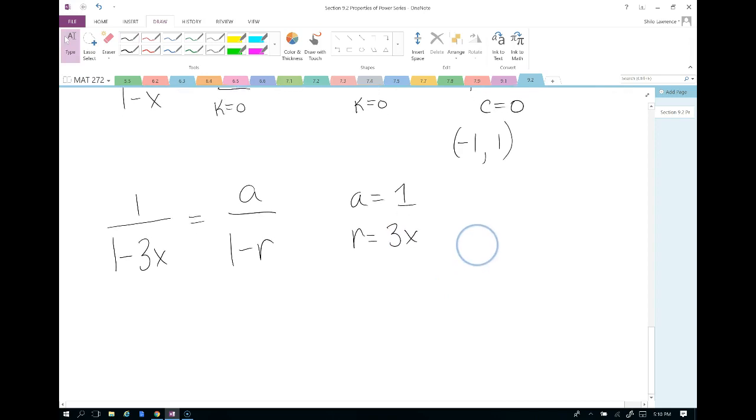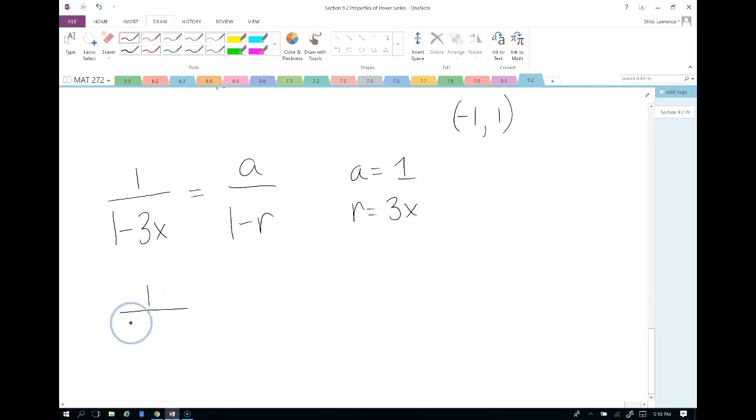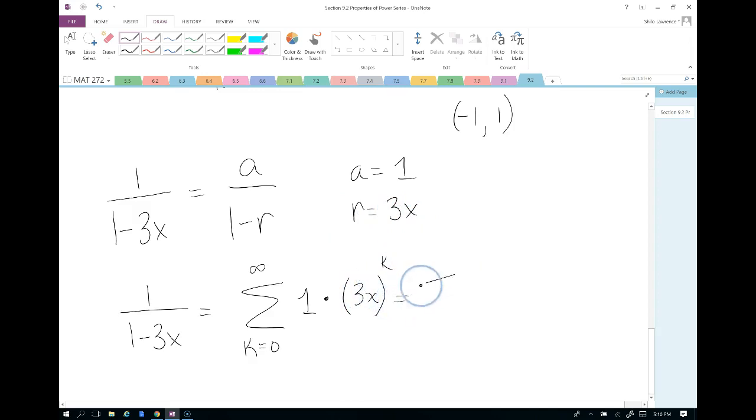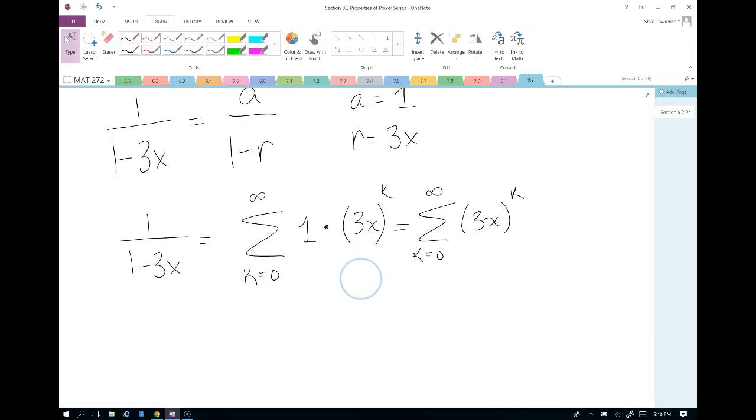So you can set up a geometric series, an infinite geometric series for this function, the sum from 0 to infinity of a times r to the k. And both the 3 and the x are part of your r, so both of them need to be raised to the k power. So the times 1 doesn't really do anything, so we could just write this as 3x to the k.